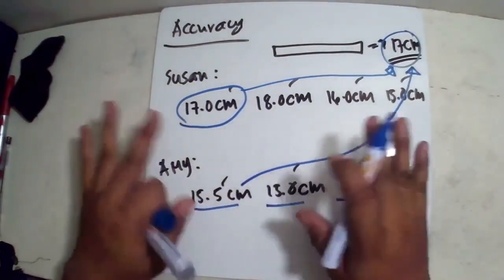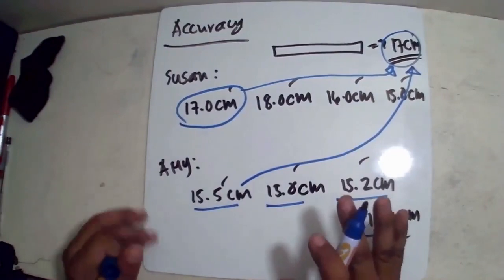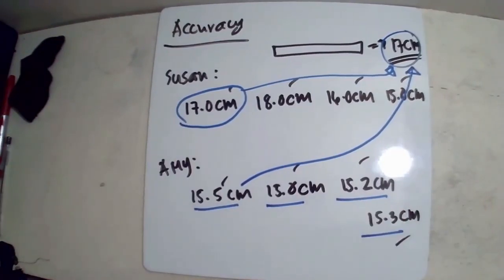That is why in this case, Susan has a more accurate measurement than Ami. That's for accuracy. Now let's go to precision.